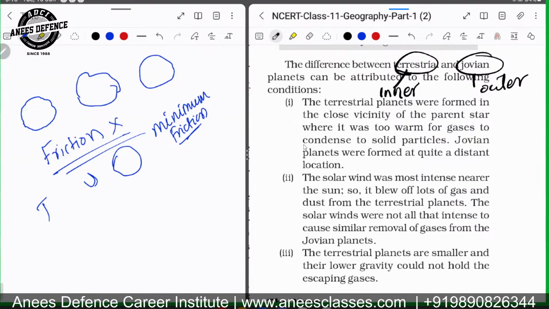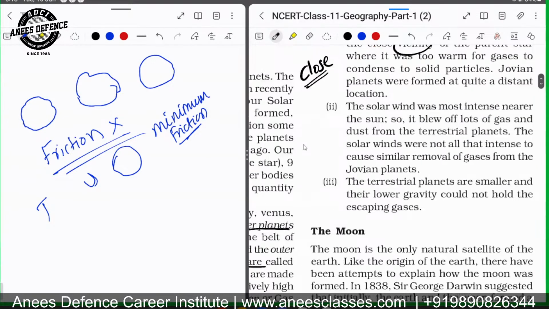Terrestrial planets were formed in the close vicinity. It means the proximity. Proximity means closeness. Okay, they are formed very close to the parent star, that is the sun. Look at the diagram, then only you will understand.